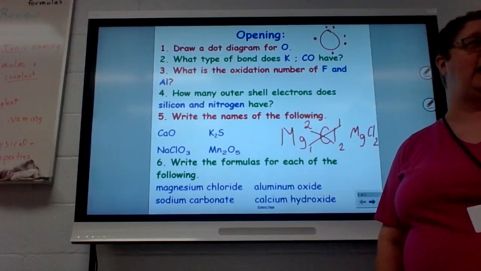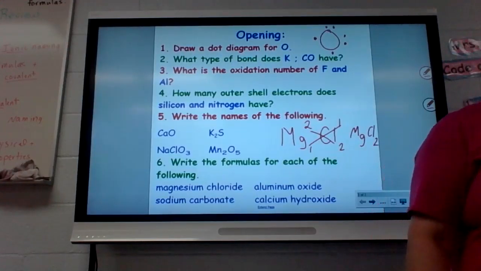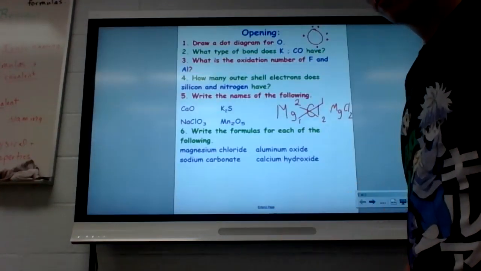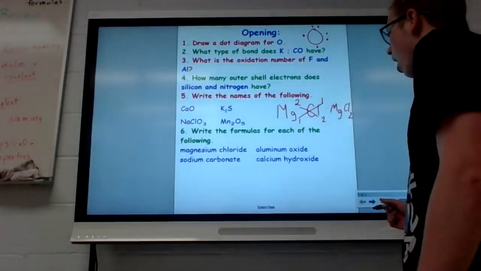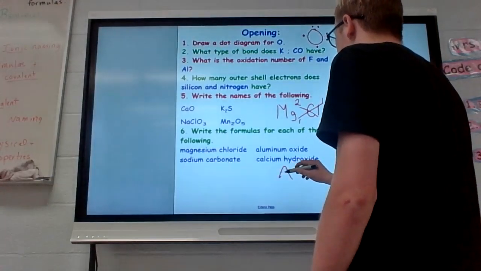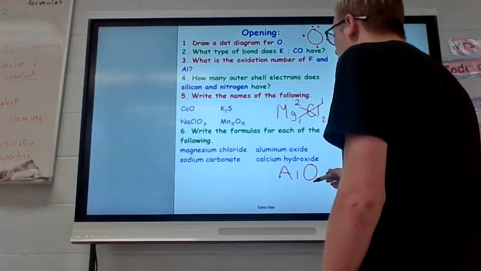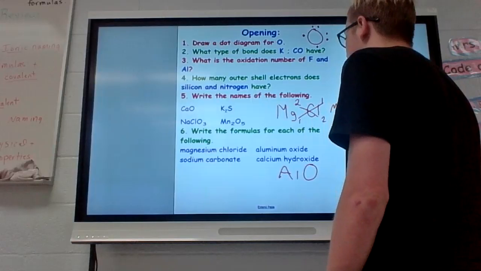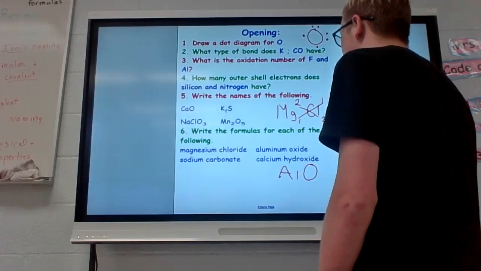Who wants to do aluminum oxide? All right, now we're going to do aluminum oxide.